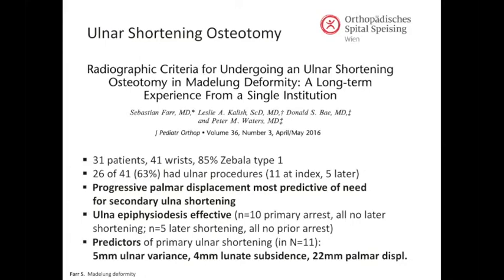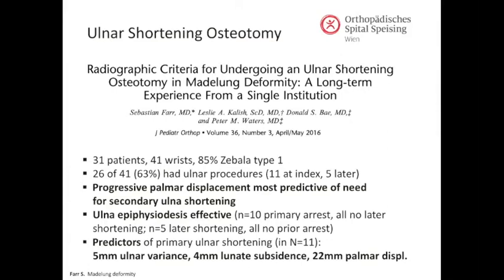We checked the cases which needed a secondary ulnar shortening, so the cases which progressed to ongoing ulnar-sided wrist pain. It was an interesting finding that progressive palmar displacement was a predictive factor for the need of a secondary ulnar shortening.